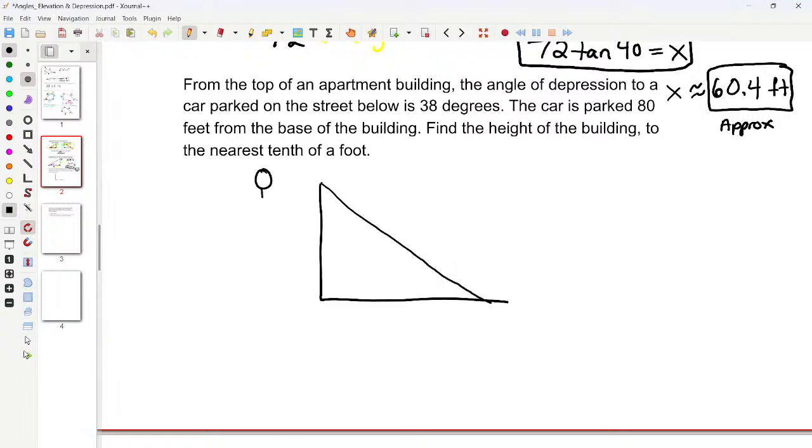Now again, if I was a stick figure, that would be me. And if I look straight ahead, that would be 0 degrees. No angle of elevation, no angle of depression. When I look down, when I look this way, there's my angle of depression, which is 38 degrees.